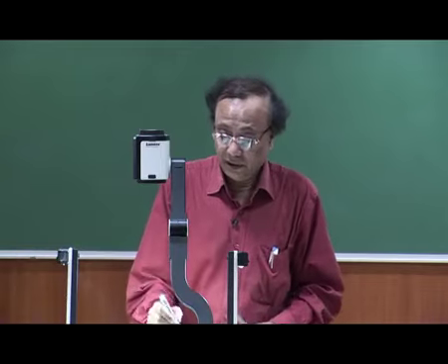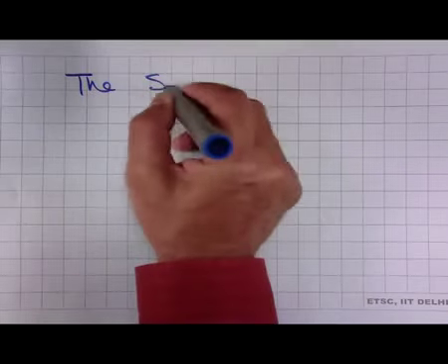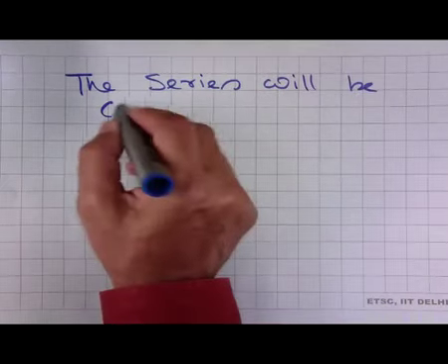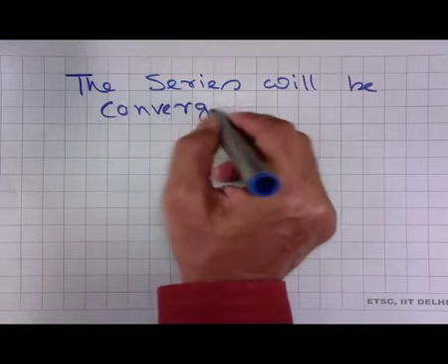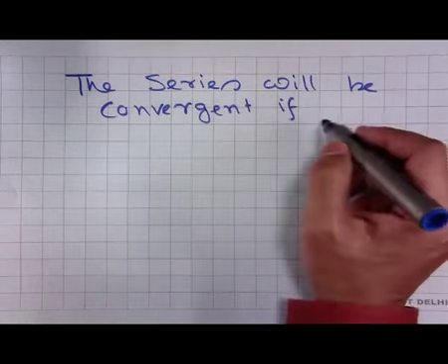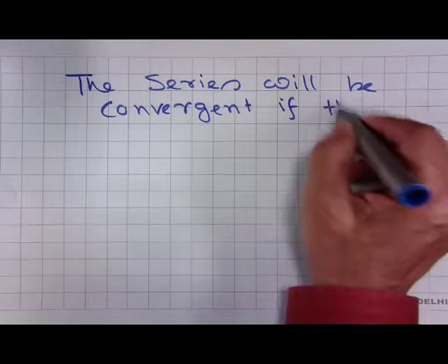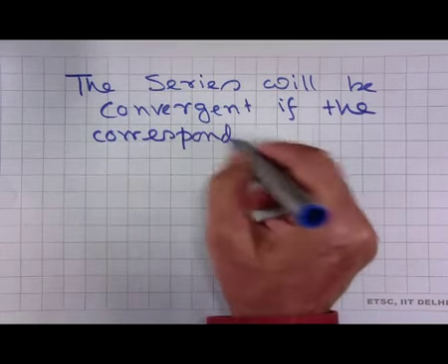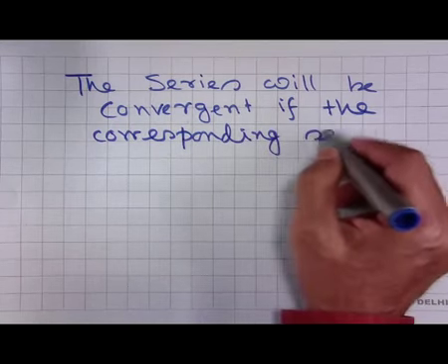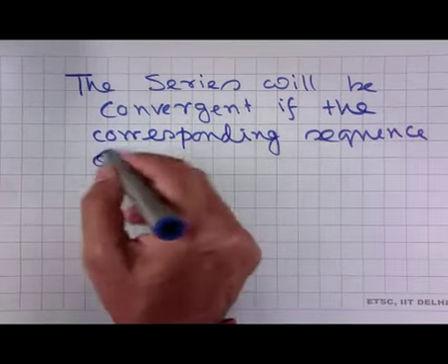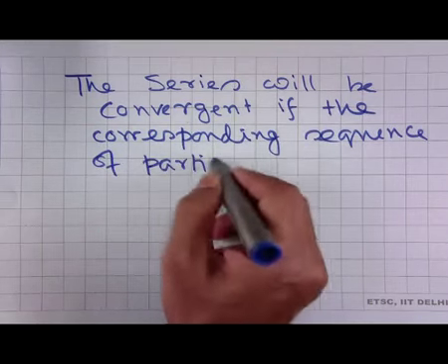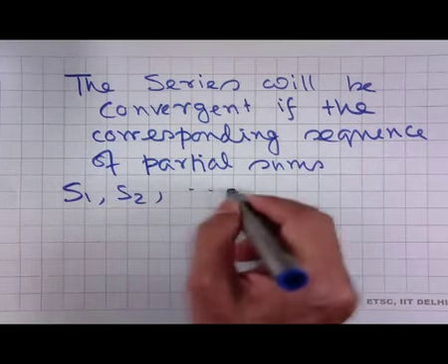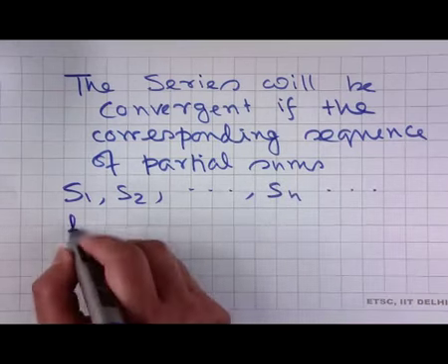Or the series will converge if the corresponding sequence of partial sums S1, S2, Sn has a limit.